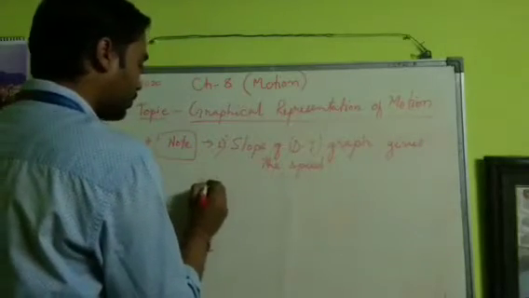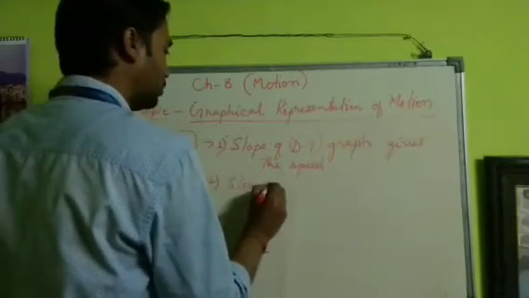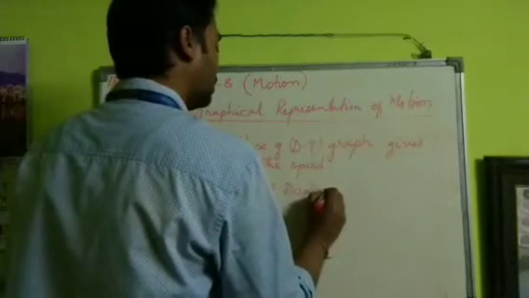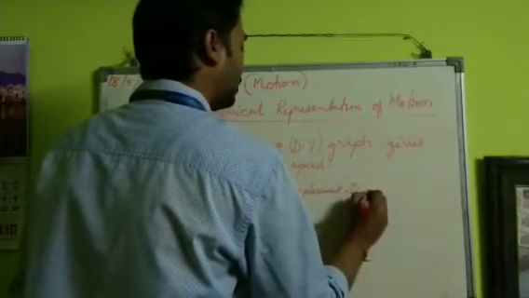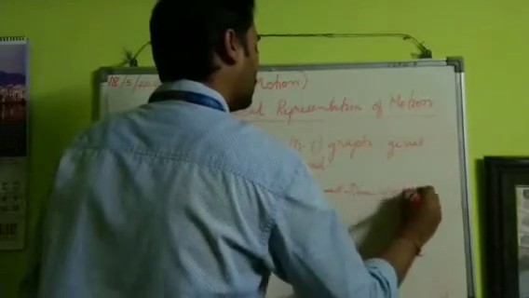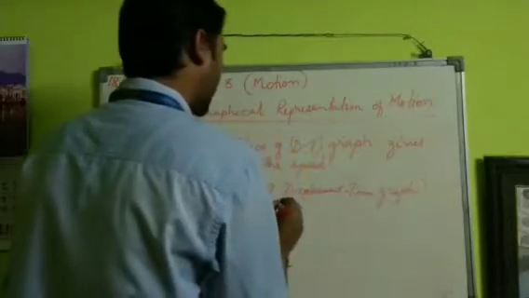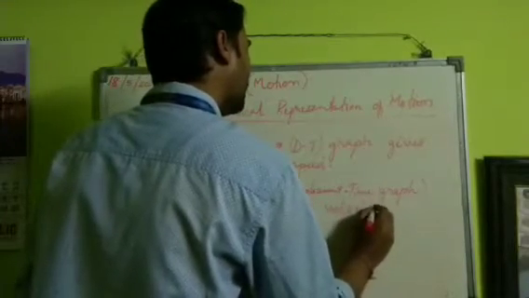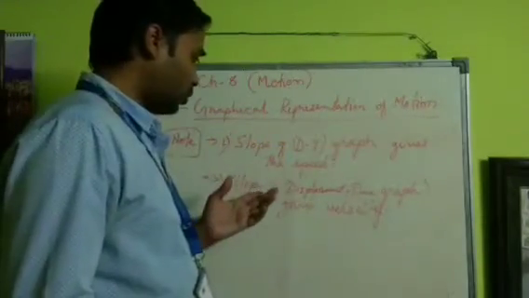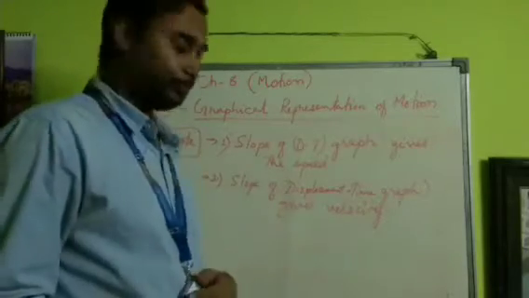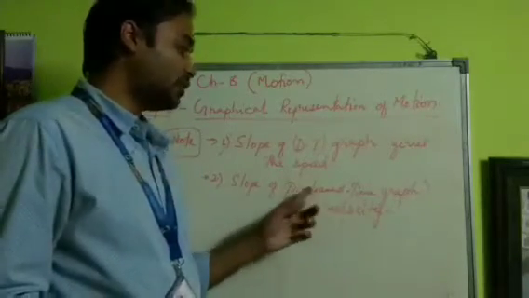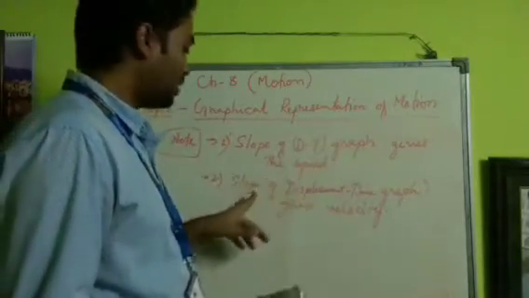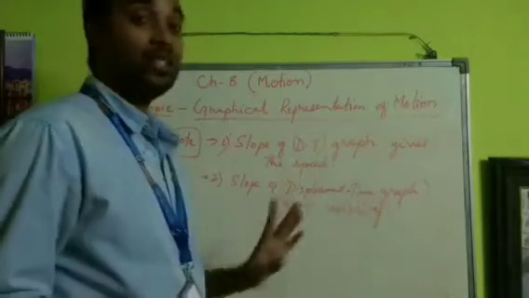So slope of distance time graph gives speed. Similarly, slope of displacement time graph gives velocity. Why? Because we know velocity is equal to displacement by time. Slope of distance time graph gives the speed, and slope of displacement time graph gives velocity.